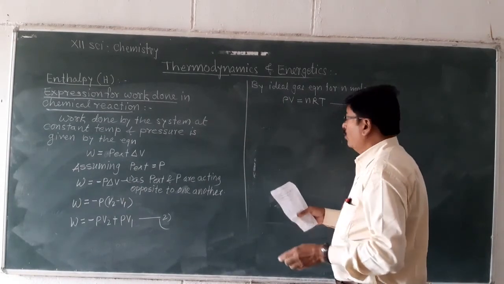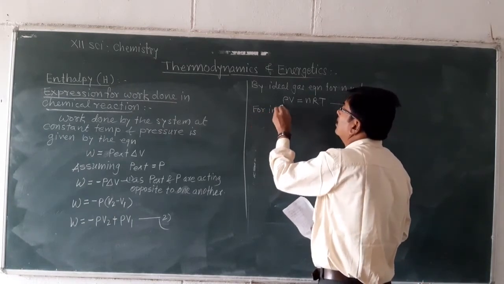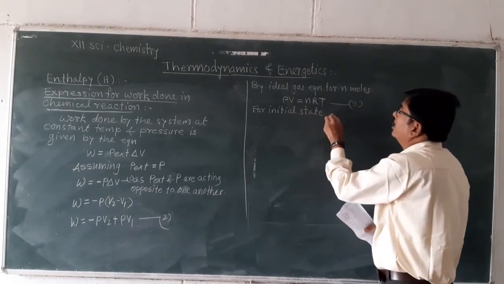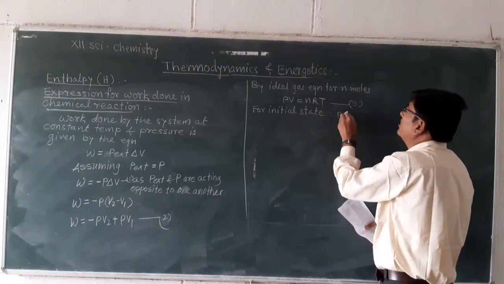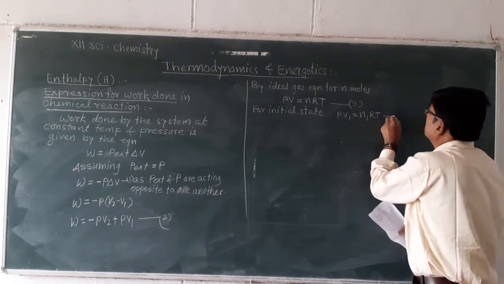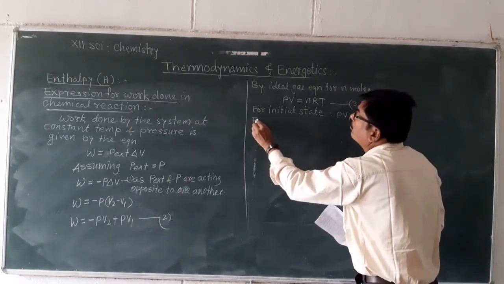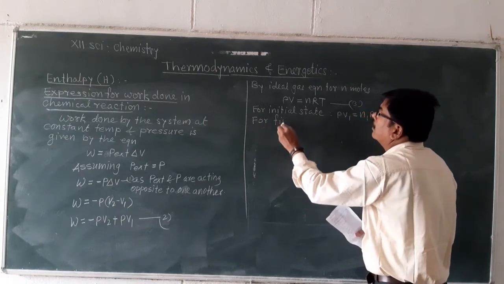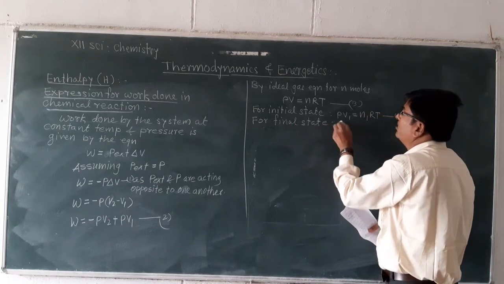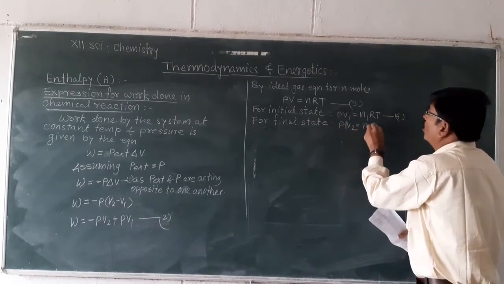Now for the initial state, we have this equation as PV1 is equal to N1RT. This is equation 4 at constant pressure. And for the final state, the equation is written as PV2 will be equal to N2RT.